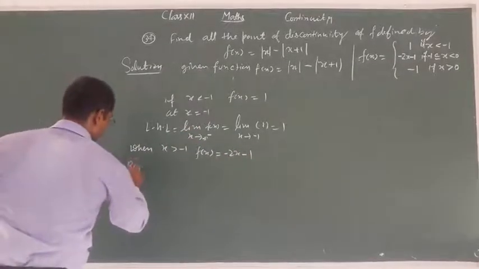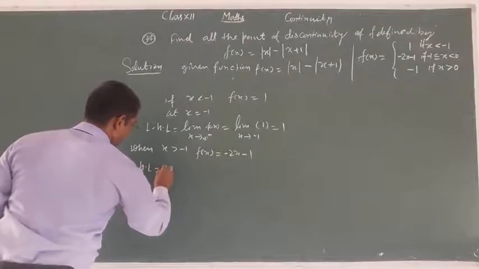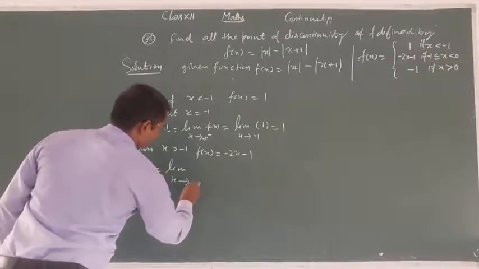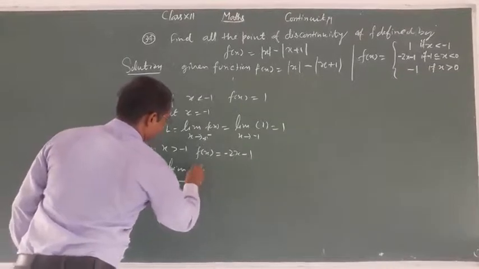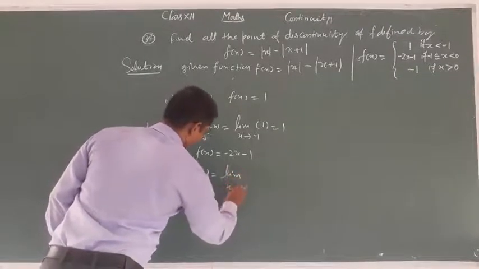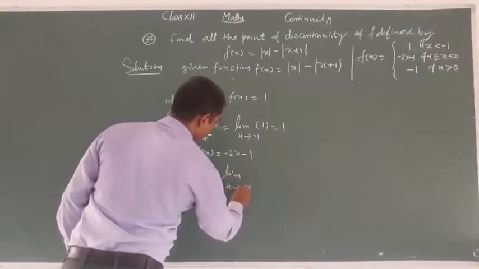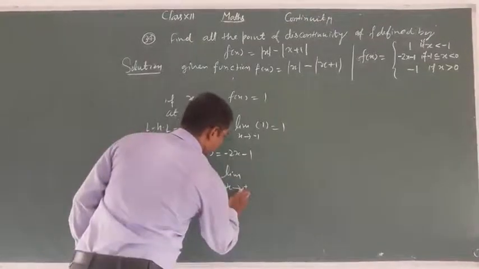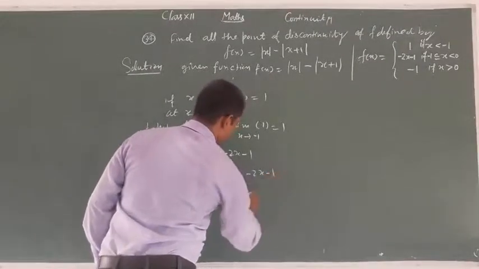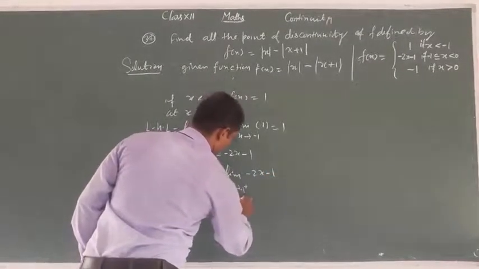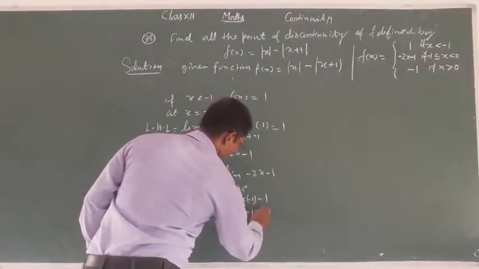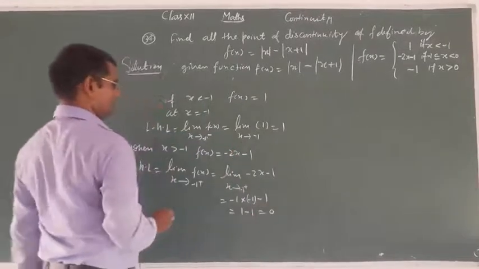So the right hand limit is the limit x tends to minus 1 plus f(x), so minus 2x minus 1, so minus 2 into minus 1 minus 1, so 2 minus 1 is equal to 1.